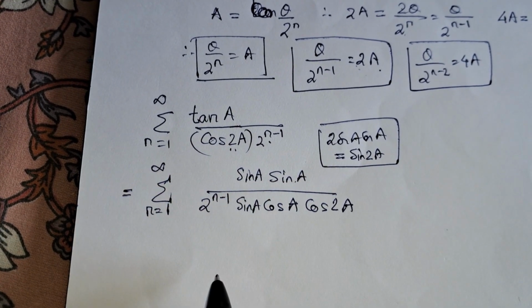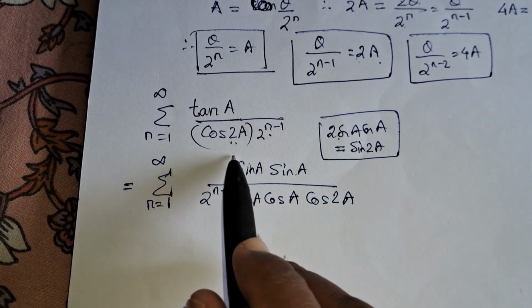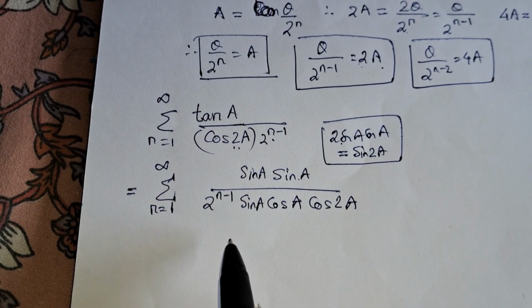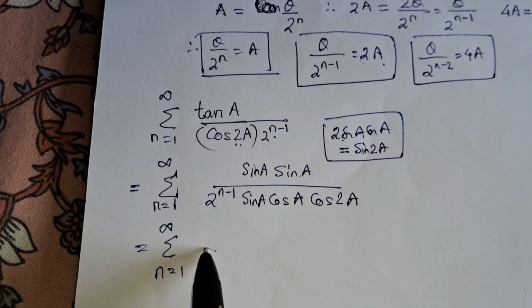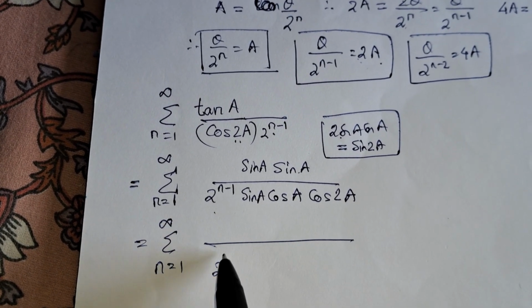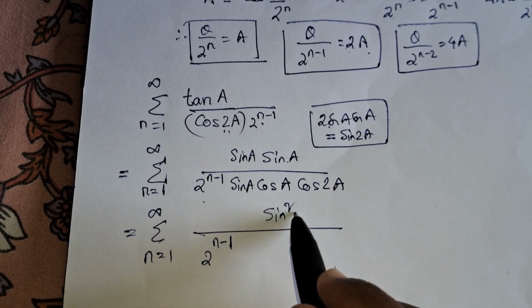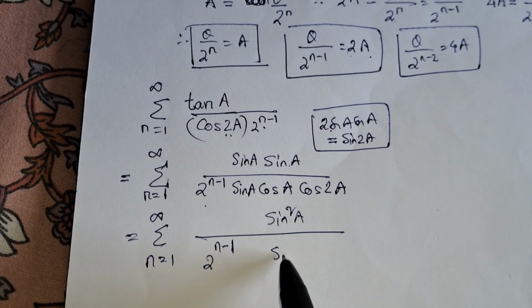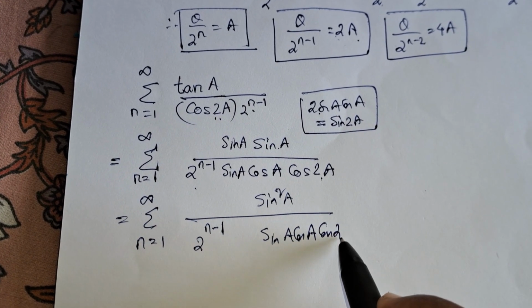That means sine square. And to get this formula you need 2. Okay, so in the next step, 2 to the power n minus 1, this is sine square a, this is sine a cos a, cos 2a.